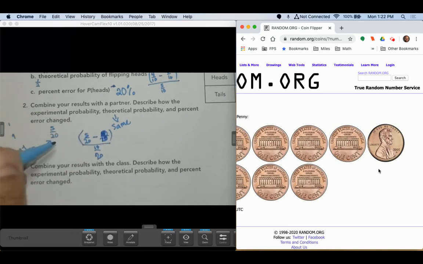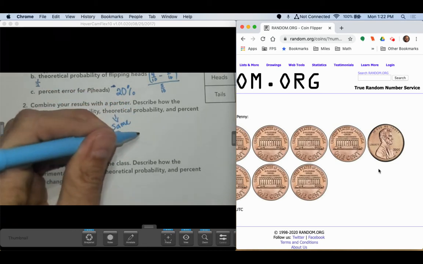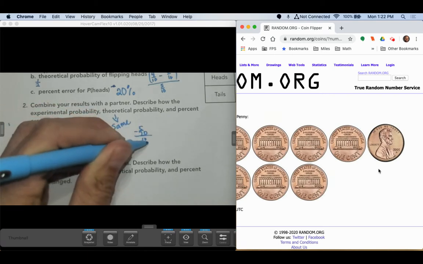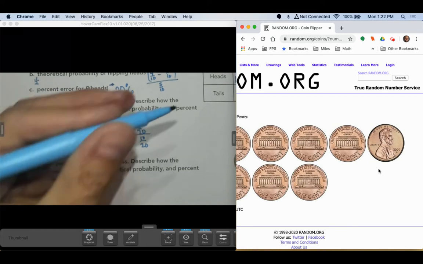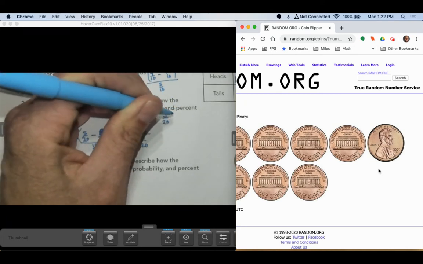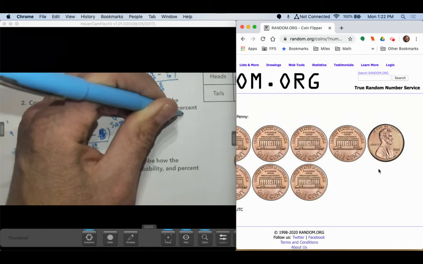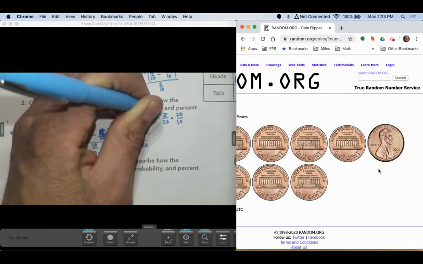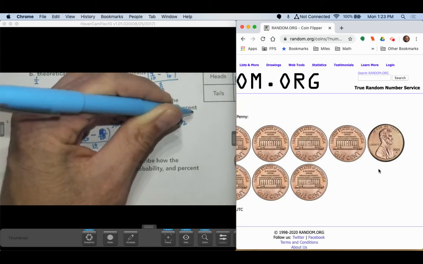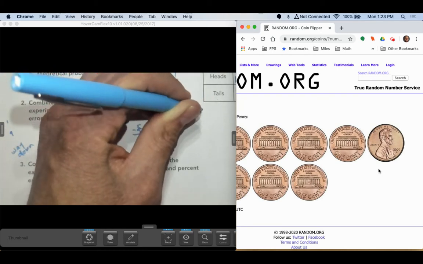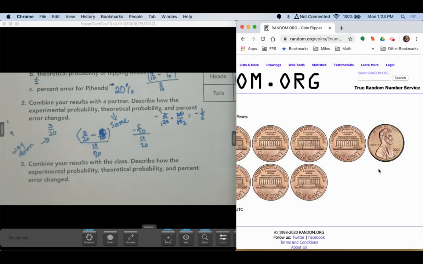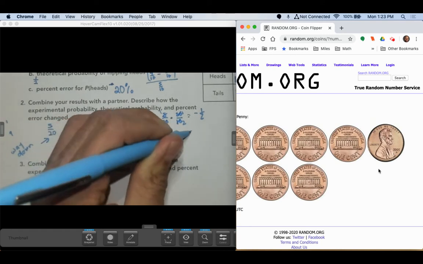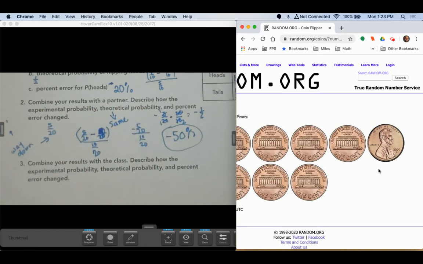And 5 over 20 minus 10 over 20 is going to be -5 over 20, all over 10 over 20. That's going to be -5 over 20 times 20 over 10. And that's going to be -1/2 times 100, which is -50%. So 50% below. So it got worse.